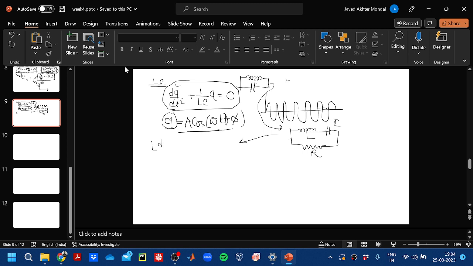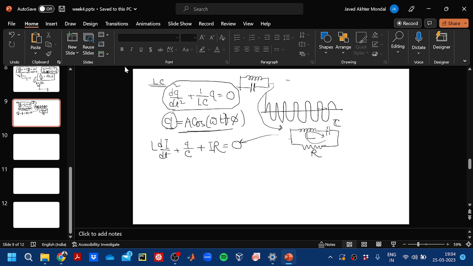For this circuit, the equation is this. If we take a loop and apply Kirchhoff's law, then we get this equation: L di/dt. This is the voltage drop across the inductor, and across the capacitor it will be Q by C, and across the resistance it will be IR. So this is our equation for the LCR circuit.